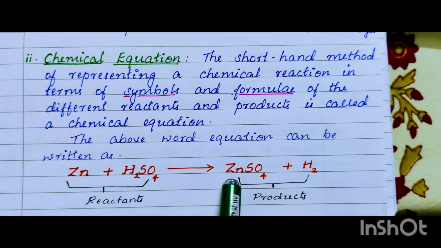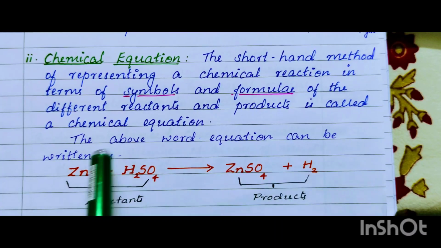And then both products are formed, zinc sulfate and hydrogen gas. These two are the products, and these are the formulas, right? And this is the symbol of zinc. Like this, we use symbols and formulas to represent a chemical reaction. So instead of writing very long sentences, this makes it easy to understand.